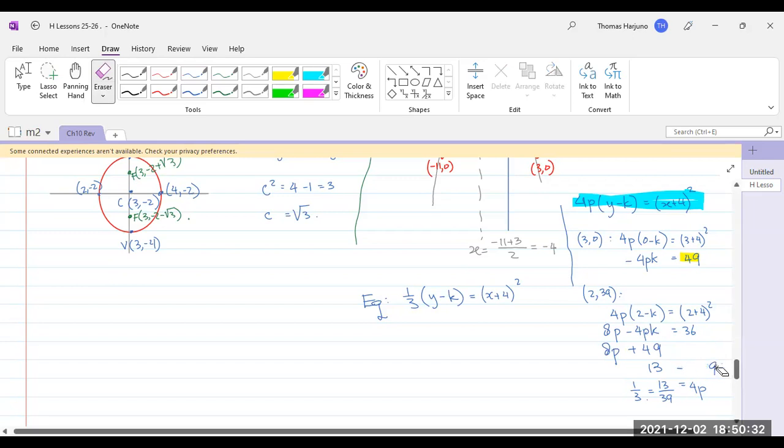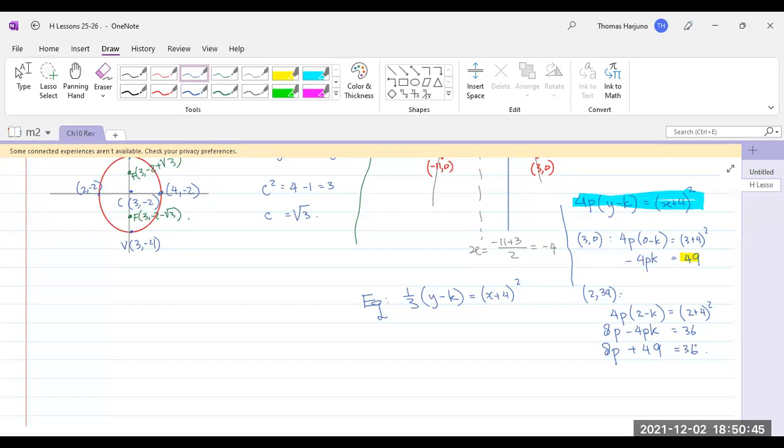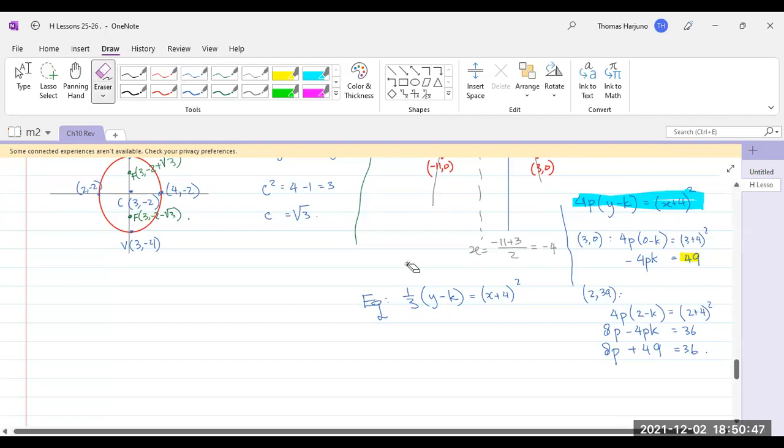You know what? Let me resolve this. What am I doing? No. The x is 2, the y is 39.